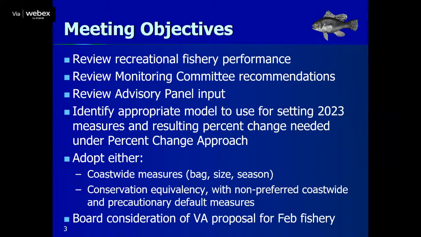And so under this version of conservation equivalency, the federal waters measures would be waived. And you would also need to approve non-preferred coastwide measures and precautionary default measures to go along with that. And then there will be discussion of the Virginia proposal to open their February recreational fishery. And there'll be a consideration of if the board will approve that proposal. So that'll be a board-only decision, but the council can discuss that as desired.